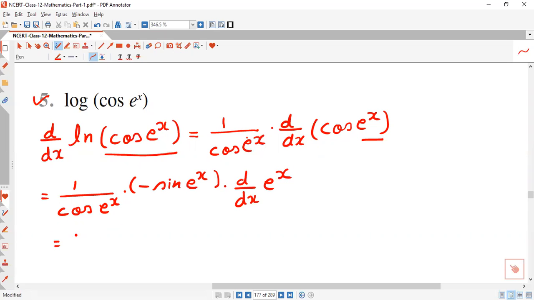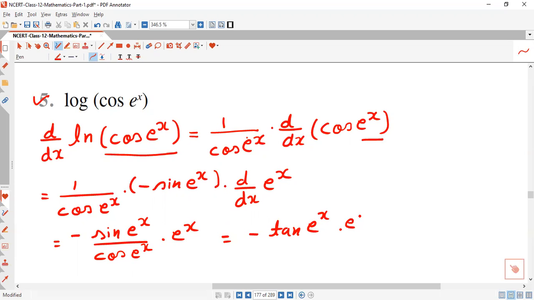So now this becomes minus, sign taken outside, sine e raised to x upon cos e raised to x into differentiation of this part, dy/dx of e^x will give you e^x. So the answer is sin upon cos is tan, minus tan e raised to x, multiplied by e raised to x. So this is the answer for question number 5, log cos e^x.